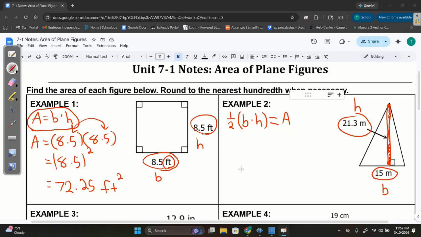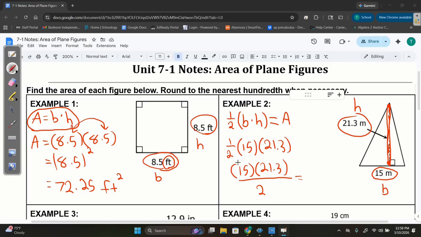All I got to do is plug in the numbers and then let the calculator do the work. 1/2 base is 15 times height is 21.3. Now something cool, this 1/2, because of that, I can actually write the equation like this if I so desired. 15 times 21.3 divided by 2.